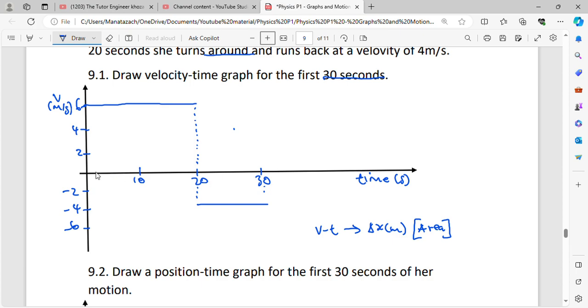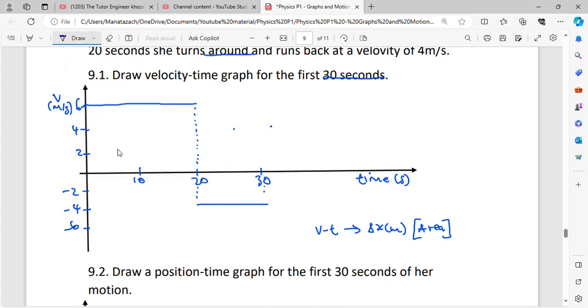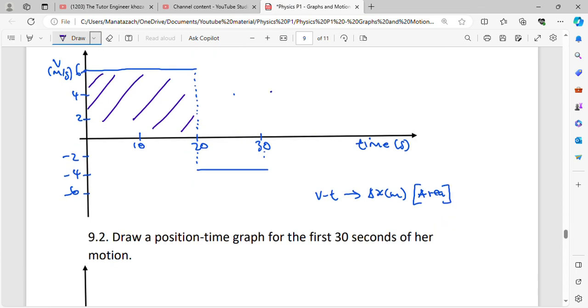So now, let's work out the area. This is the area that we'll be using to calculate the displacement after 20 seconds. So let's just work it out.